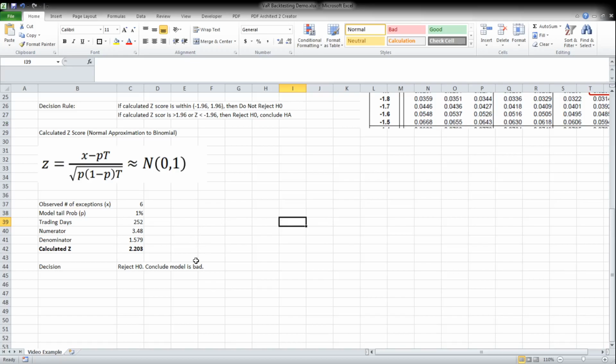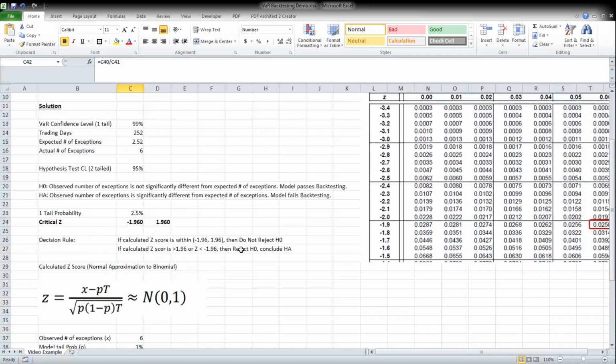Before we get there, let's remind ourselves that our hypothesis test is two-tailed. So there are two tails, and our question with the p-value is, what is the probability of observing this value, 2.2, or what is the probability of observing 6 exceptions given that our model is correct?